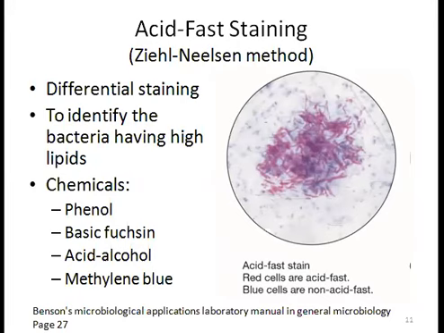Once the basic fuchsin has penetrated, Mycobacterium tuberculosis and Mycobacterium leprae are not easily decolorized by acidified alcohol, also called the acid alcohol, and thus they are said to be the acid-fast bacteria. Non-acid fast bacteria are decolorized by acid alcohol and thus are stained blue by methylene blue as counterstain.